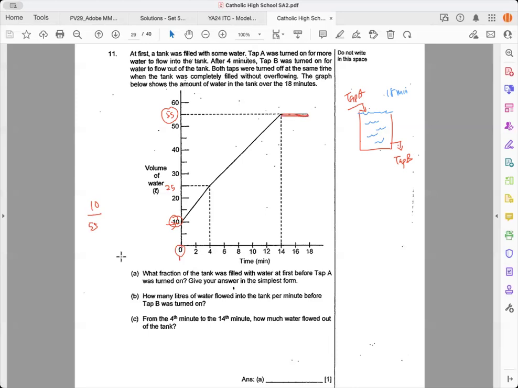It stops here, which means that is the capacity. Also, the question says that it stops when it's completely filled. So simplify, you get 2 out of 11. So the answer for A is 2 out of 11.